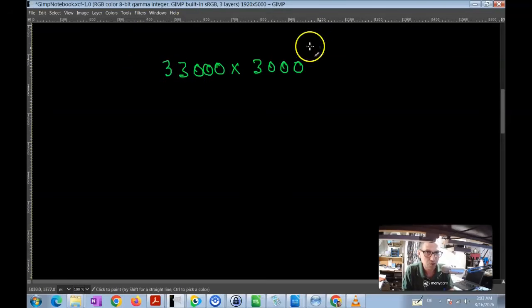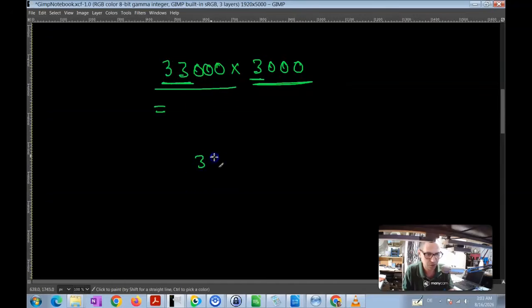When I say that you want to do this operation, you would multiply all the digits that you find in this number, apart from zeros, which is 33, and all the digits that you find in this number, which is just the 3, apart from the zeros.